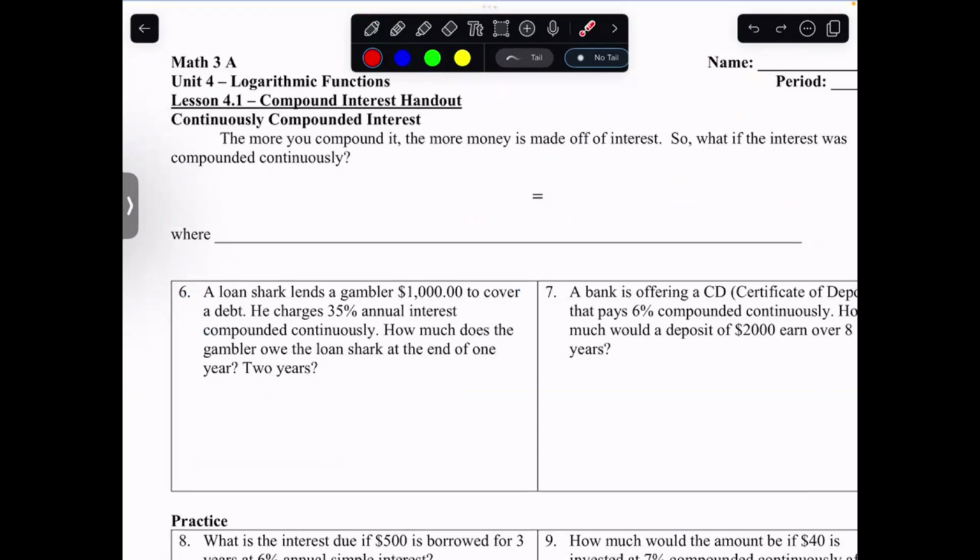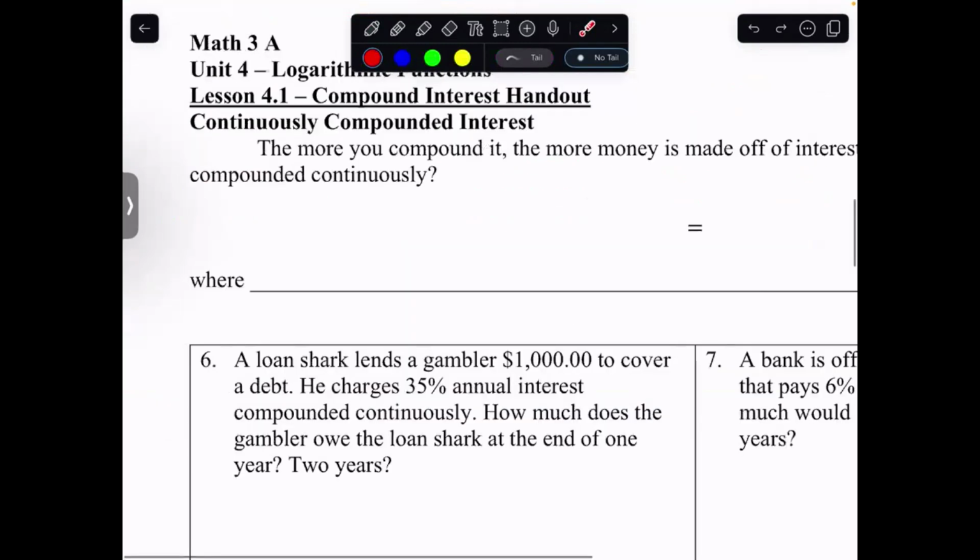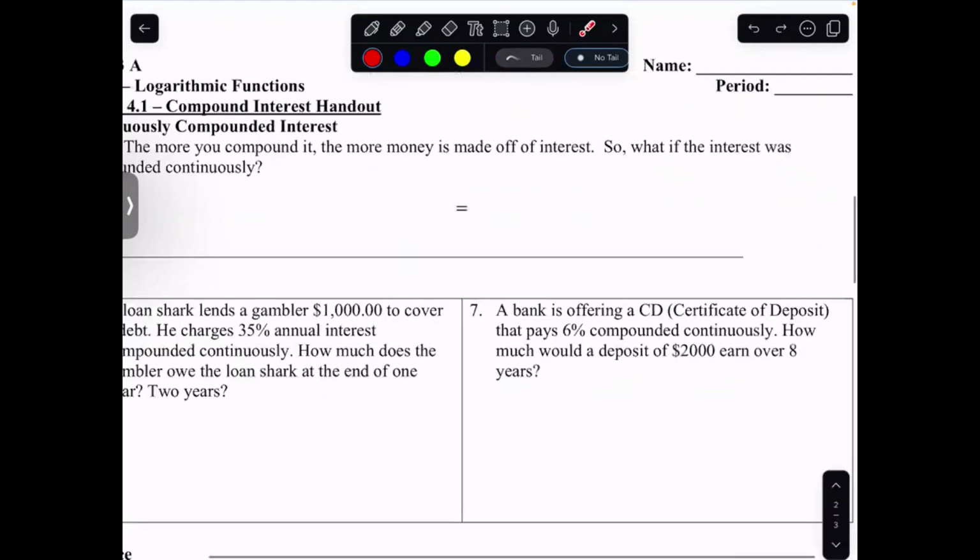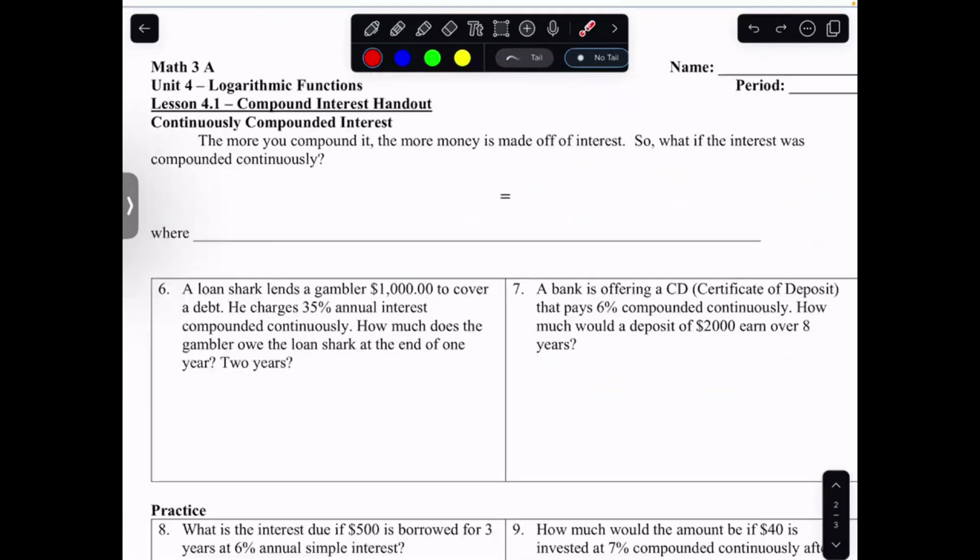Okay, so we know that the word continuous means like it never stops, right? It just keeps going over and over. So you could have something called continuously compounded interest, which means that instead of just calculating the interest every year or every 6 months or even every month, it's continuous, meaning like more than a million times per second, which seems crazy, right?